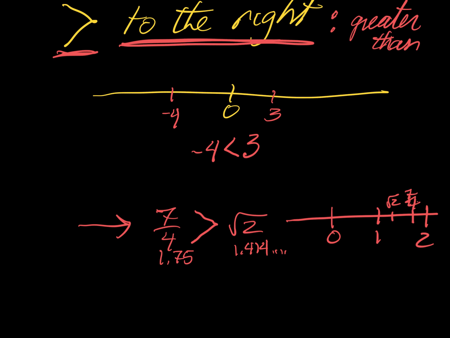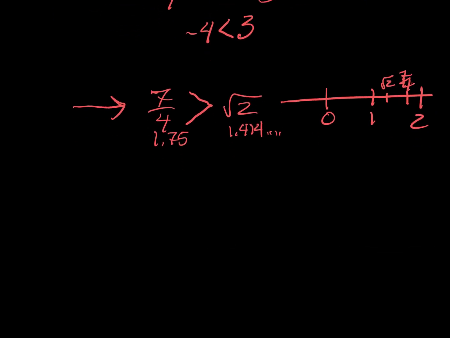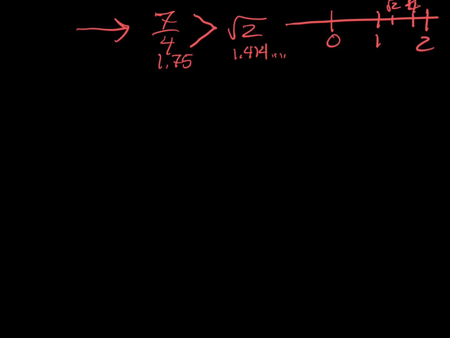And that's order. Finally, the last thing we want to chat about is the idea of absolute value. All right? And absolute value essentially has a definition. And I'm going to give you that definition in variables.